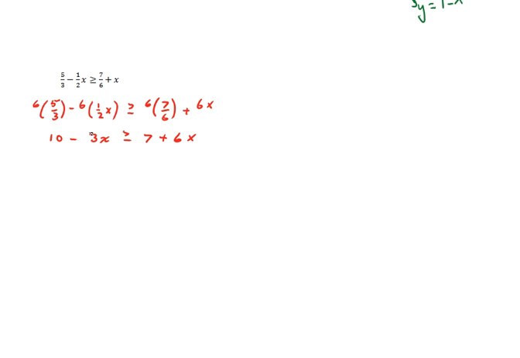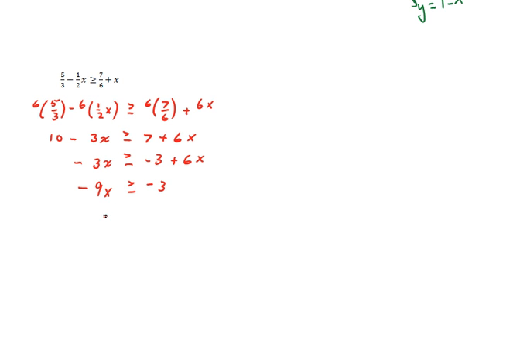And now I can subtract 10 from both sides to get negative 3x is greater than or equal to negative 3 plus 6x. Subtract 6x from both sides to get negative 9x is greater than or equal to negative 3.